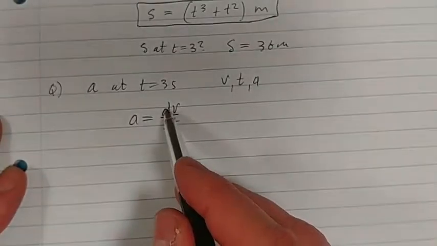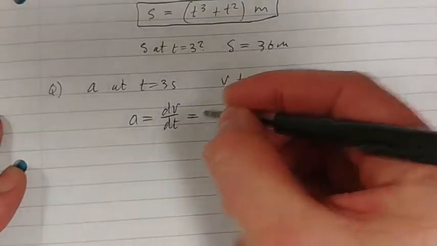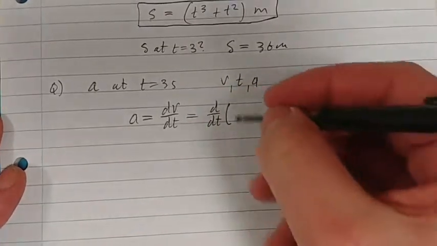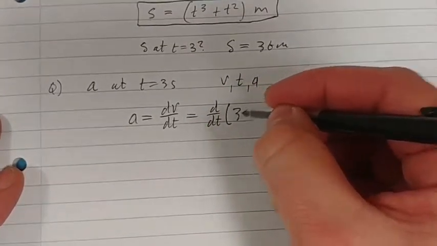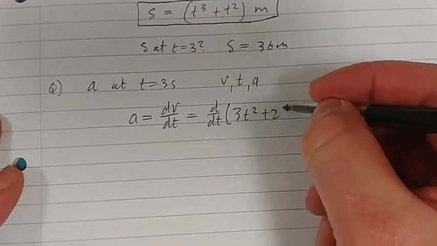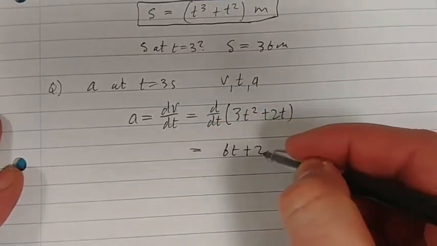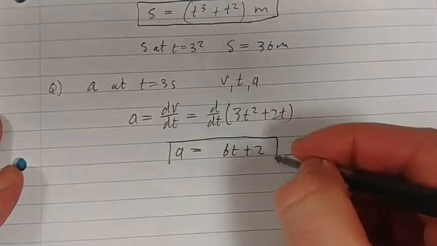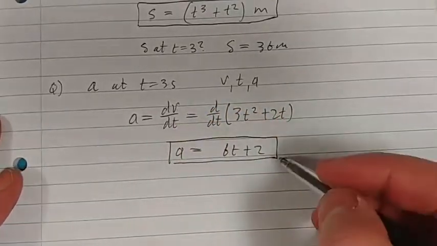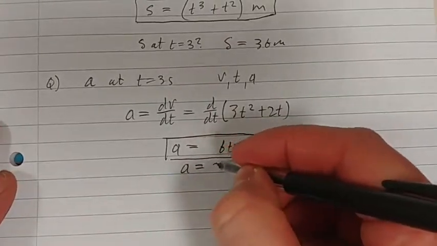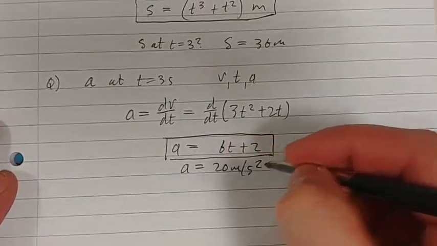So acceleration is just d/dt of v, the derivative of velocity with respect to time, and that equals 6t + 2. That's our acceleration equation. At t equals 3 seconds, the acceleration is 20 meters per second squared.